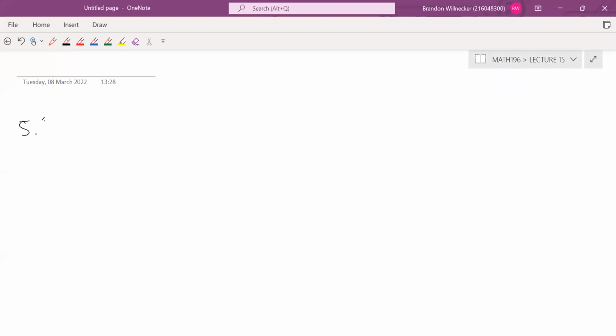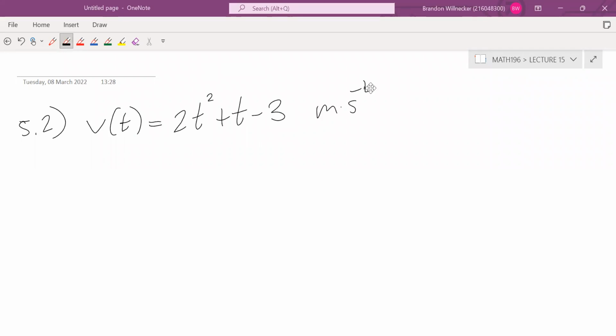This is 5.2. We're given the velocity v of t is equal to 2t squared plus t minus 3 meters per second. That's how we measure velocity.